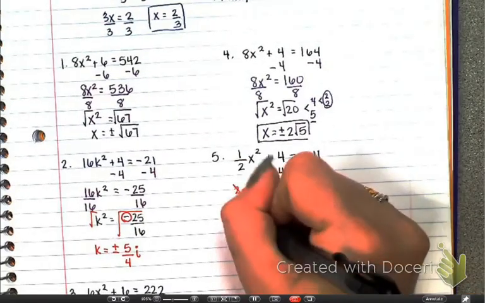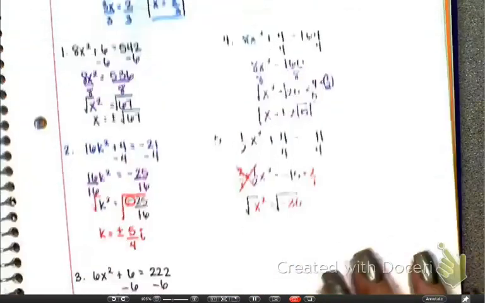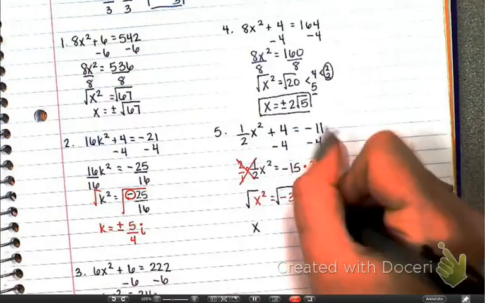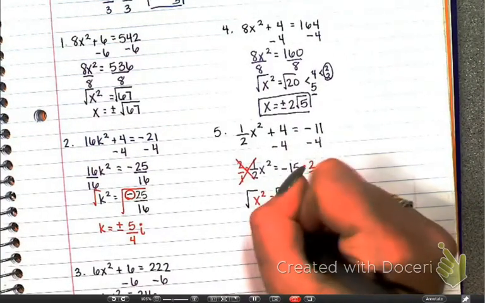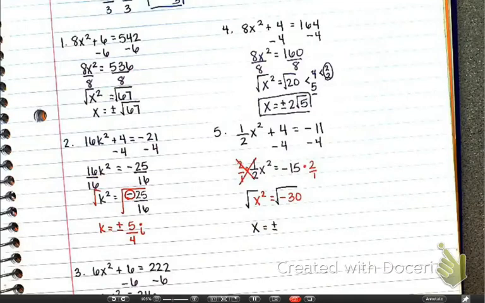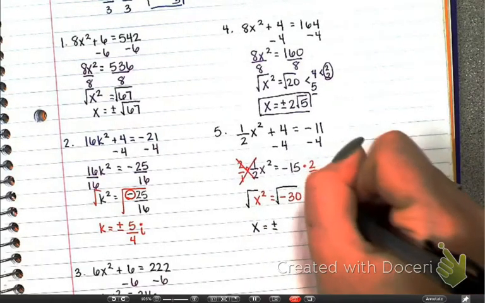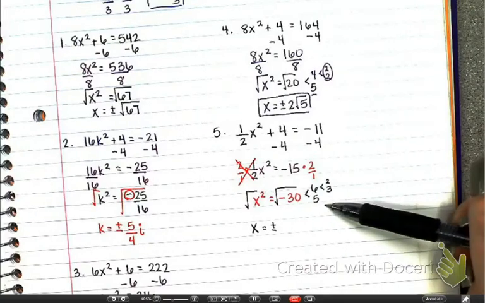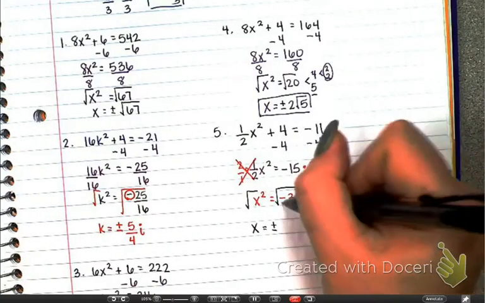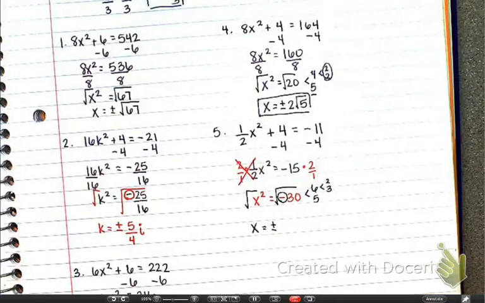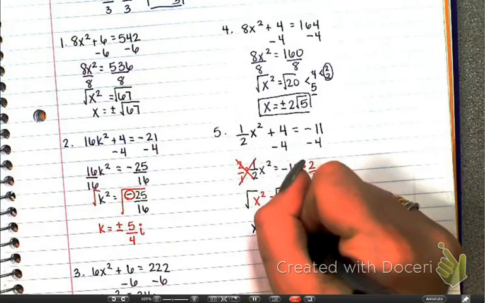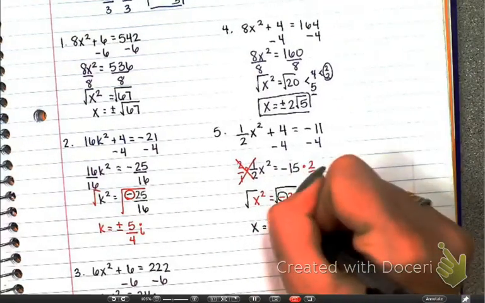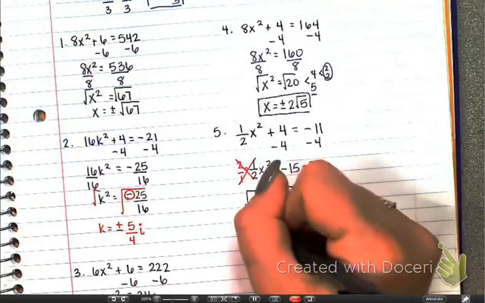When I take the square root of both sides, the square root of x squared is x. We have our plus and minus because we're solving. 30 breaks down to 6 and 5, which breaks down to 2 and 3. There are no pairs, so everything's going to stay inside, but hopefully you noticed there was a negative on the inside, so there's our i. Plus or minus i times the square root of 30 is going to be our final answer.